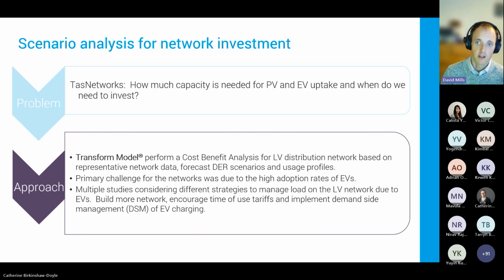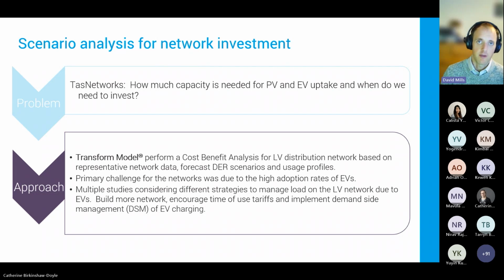So we recently completed a project for TAS networks, and this was trying to understand how much capacity was needed to accommodate growth in solar PV and electric vehicle uptake. This project, carried out a couple of years ago now, was all around trying to understand, based on the projected uptakes, how much the network would have to invest to accommodate the electric vehicle profiles as Cass presented earlier.